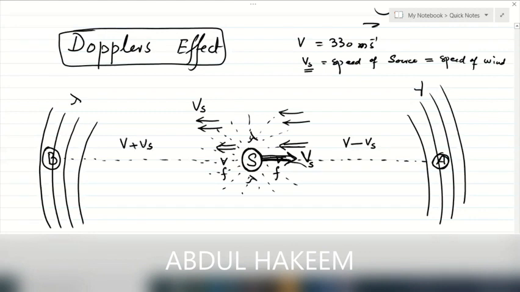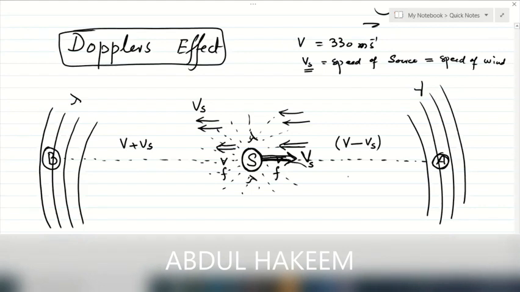So the speed of the sound towards A will decrease because the wind is blowing in the opposite direction. But for observer B, the sound is going and the wind is blowing in the same direction, so the resultant speed increases.